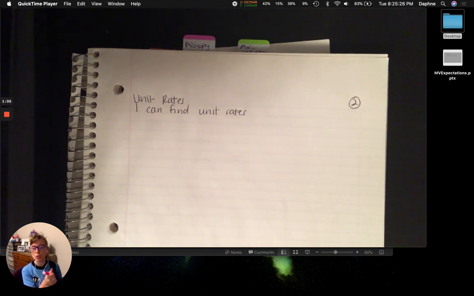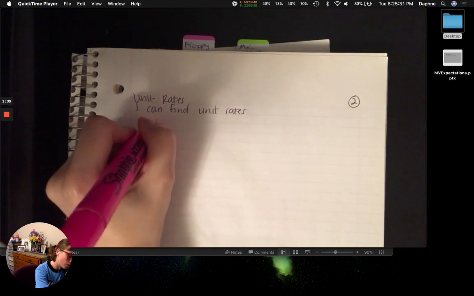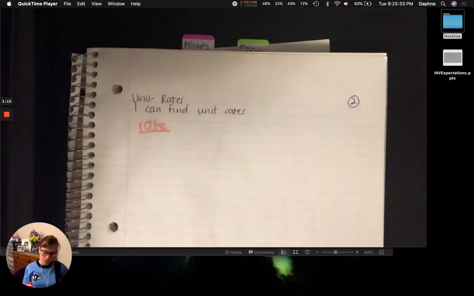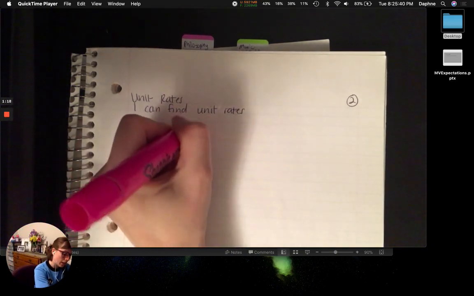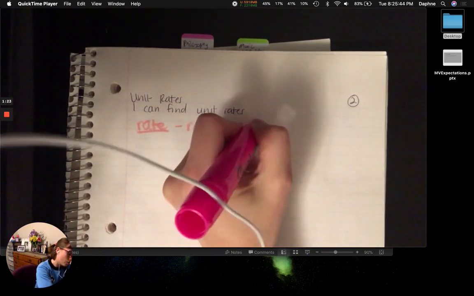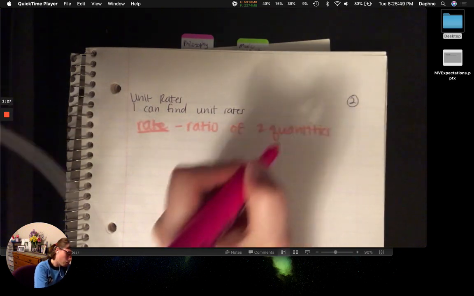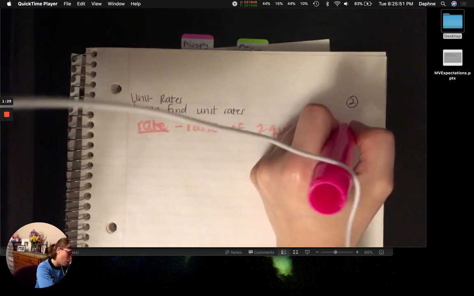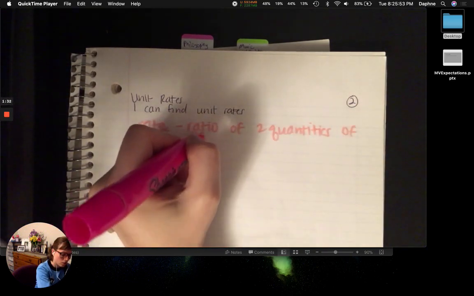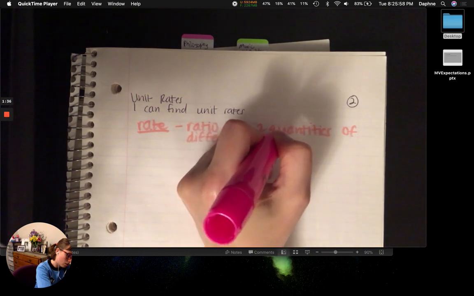Again, we're on page 2 and we're going to start off with some definitions. So our first definition is rate. And this is really faint, but it shows up. Rate. Okay, so a rate is a ratio of two quantities of different units.